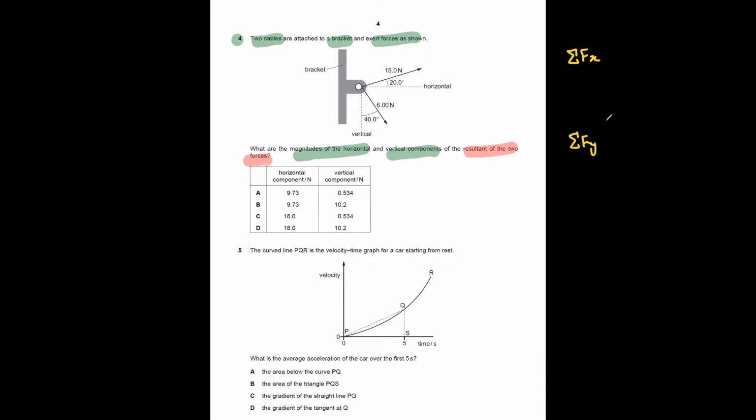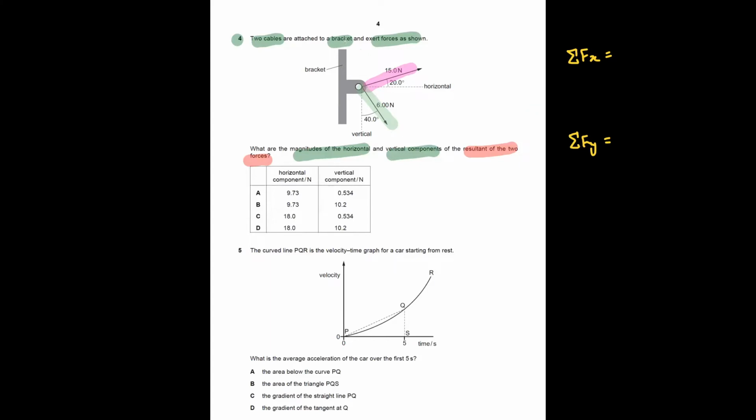Okay. Now, before you can do that, you need to see that the forces here are at a certain angle with respect to some reference. The 15 Newton here is at 20 degrees to the horizontal. The 6 Newton here is at 40 degrees to the vertical. So you look at the 15 Newton force first.